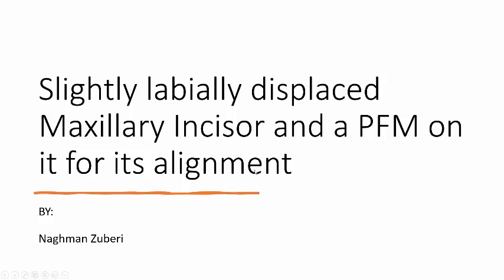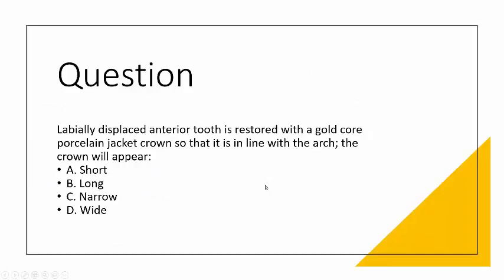So how will it appear? Well, this is the question. A labially displaced anterior tooth is restored with a gold core porcelain jacket crown so that it is in line with the arch. The crown will appear short, long, narrow, or wide.